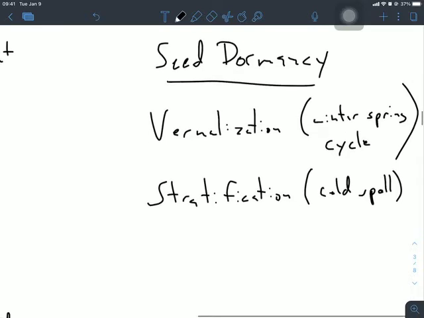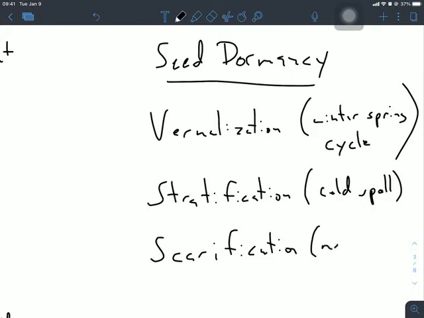We also have seeds that require scarification, or some sort of mechanical damage. Now, why would a seed want to experience mechanical damage before germinating? Well, because that mechanical damage may be associated with something like passing through a bird's digestive system.